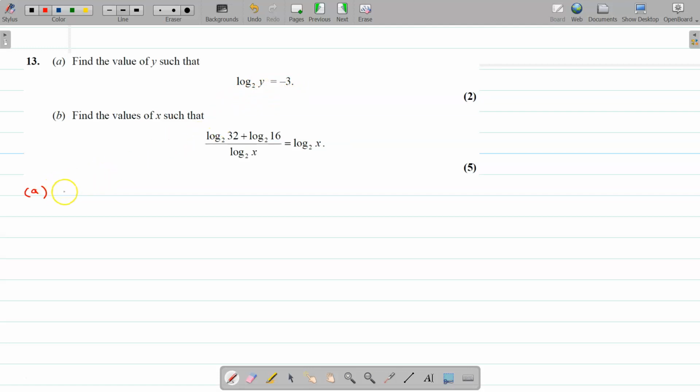Okay, so y equals 1/8, and if you need to qualify it, since 2 to the power of -3 is equal to 1/8. That's just using the rules of indices and the definition of what a log actually is. So I would just write something like that down to qualify the answer.